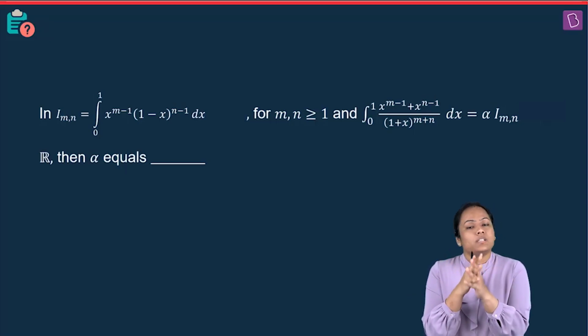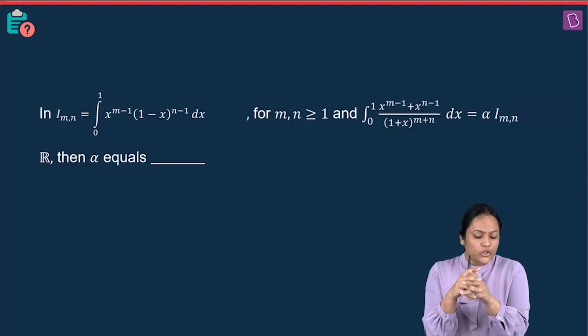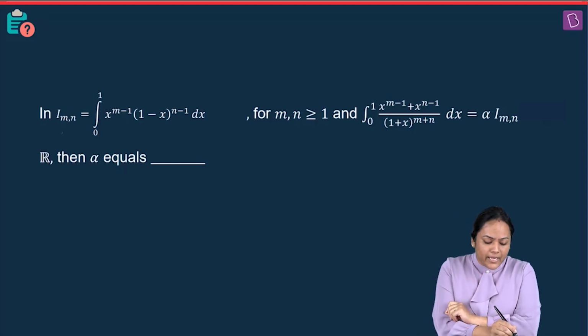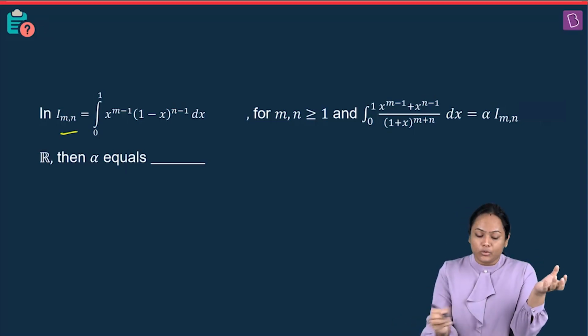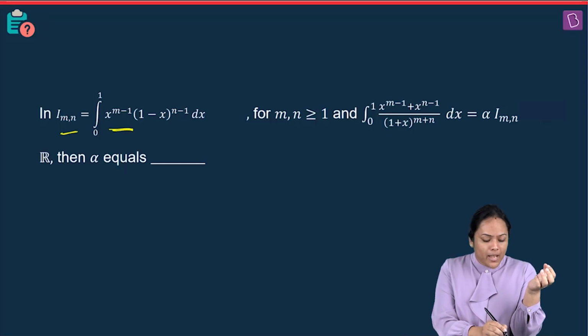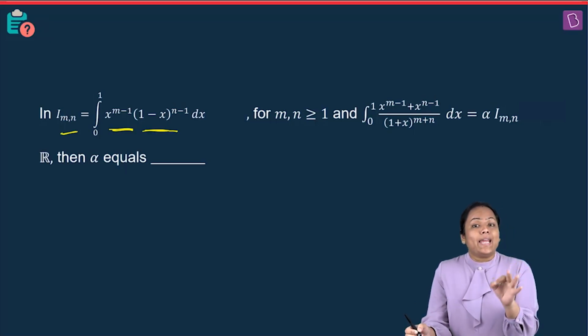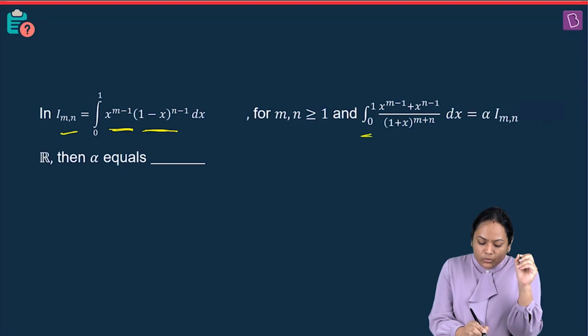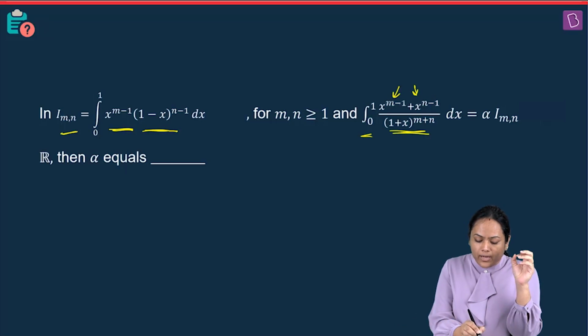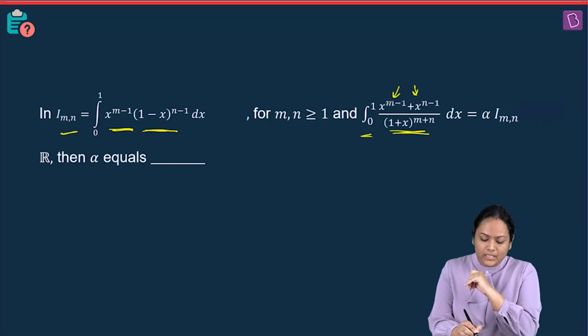Okay, so the paper was from definite integration. Let's read what the question is saying. It's saying that if I_mn is the integral from 0 to 1 of x raised to m minus 1 multiplied by 1 minus x raised to n minus 1 dx, for m, n greater than or equal to 1, I have one more integral, that is, 0 to 1 of x raised to m minus 1 plus x raised to n minus 1 divided by 1 plus x raised to m plus n dx.